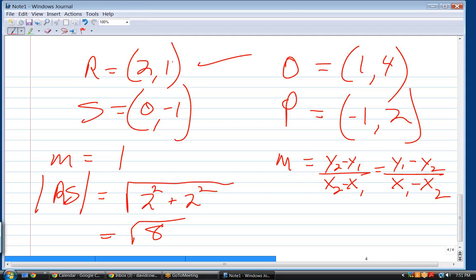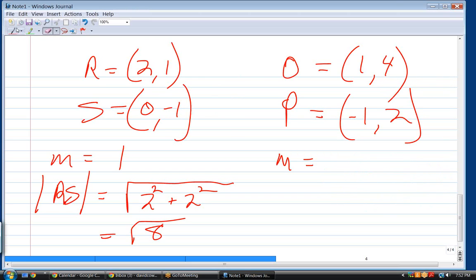So up here, it makes sense to go 2 over 2, and this one, it makes sense to go that same way, 2 over 2, as opposed to -2 over -2. You know what I'm saying? Just remember that whichever way you go, you have to go the same way for both the x and the y coordinate. But either way you go, you get 1.